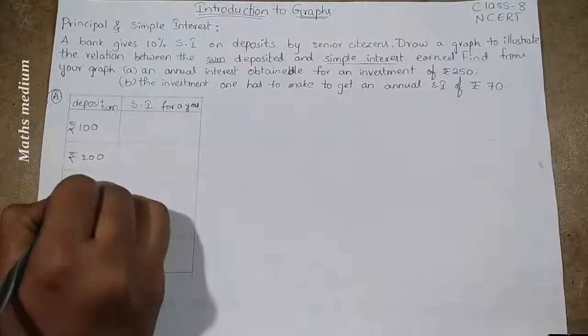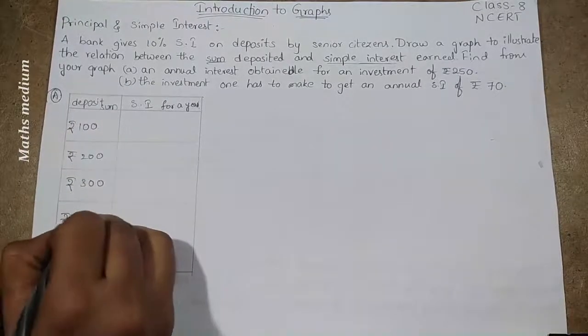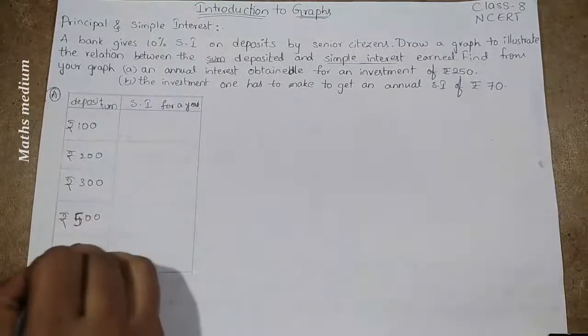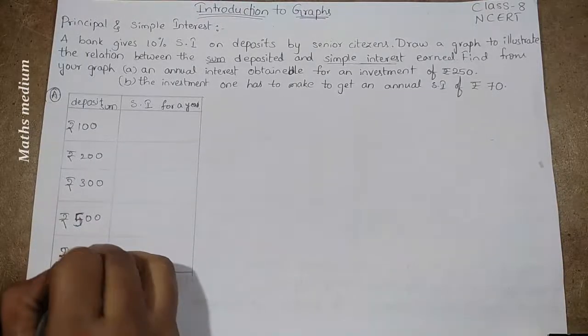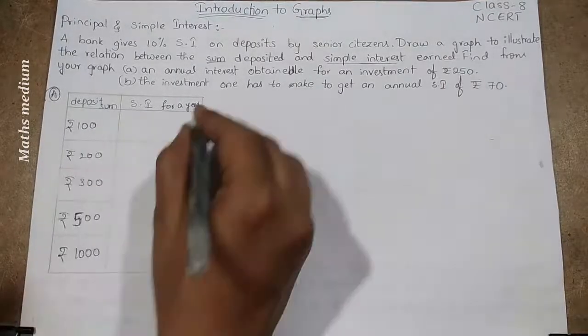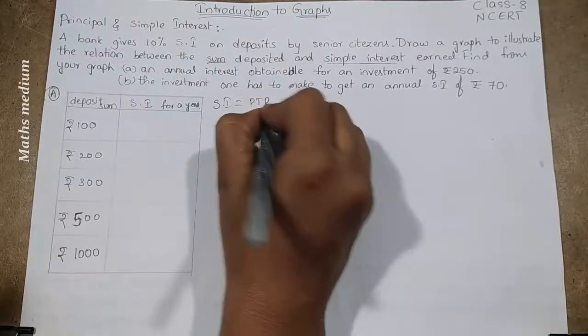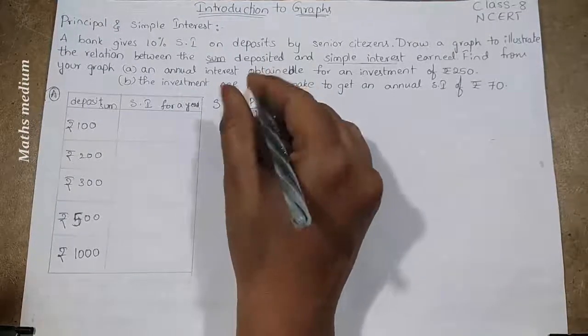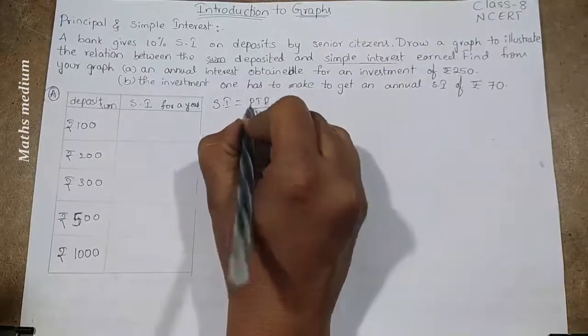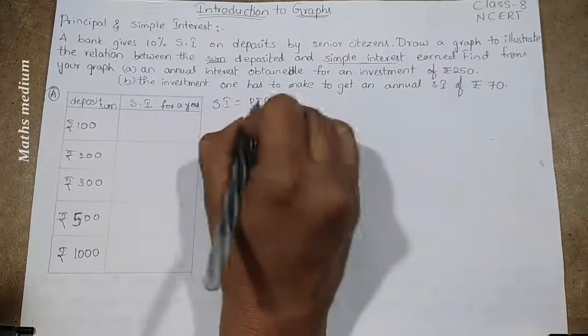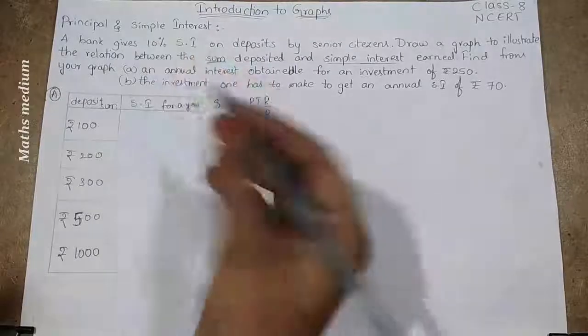Here 300 rupees. Here 500 rupees. And here taking 1000 rupees. So we know the formula of SI, PTR by 100. So P means principal amount, T means time, that is 1 year, rate of interest 10%.